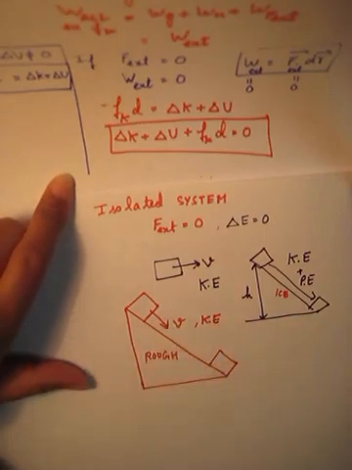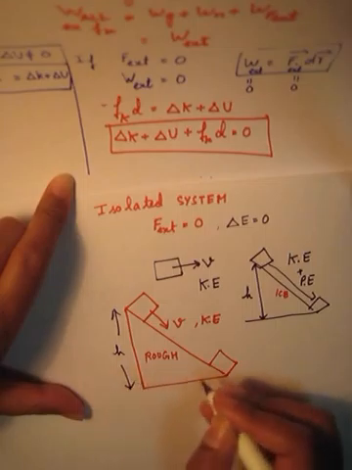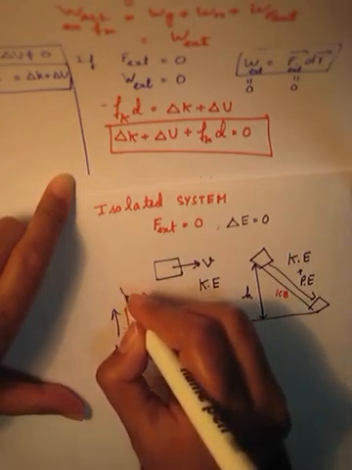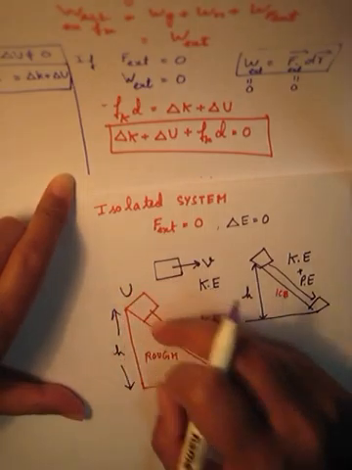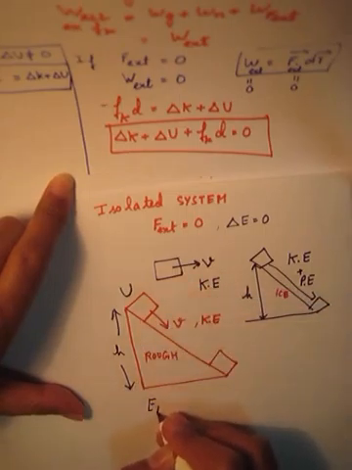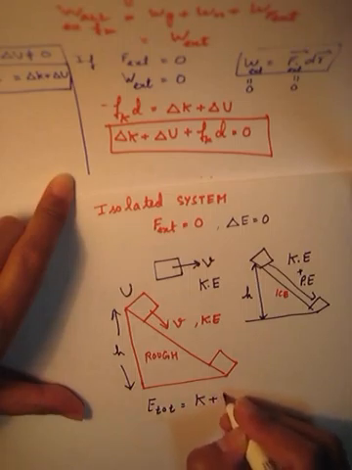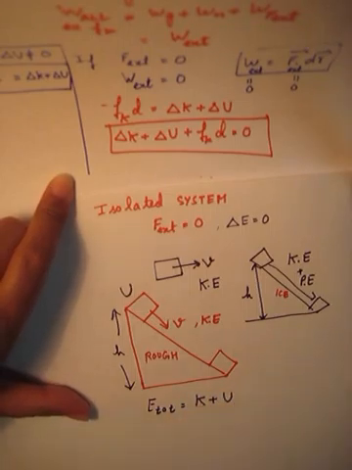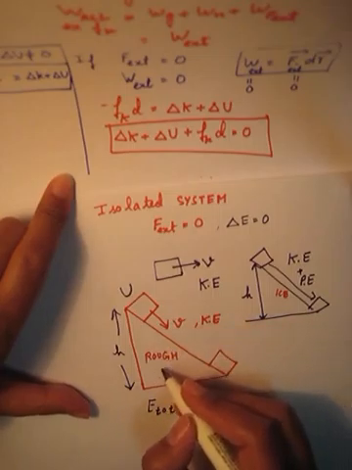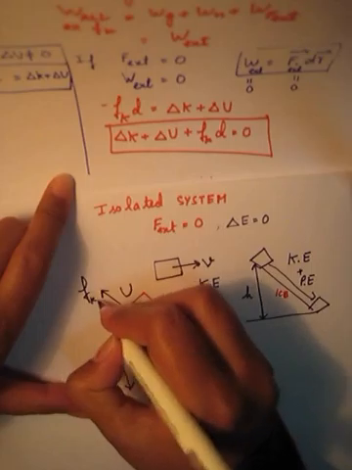And because it is at some height h, it will also have potential energy because of this change in height. So the total energy of the system will be kinetic energy plus potential energy. But in this case it is a rough surface, so there will be friction acting opposite to motion.